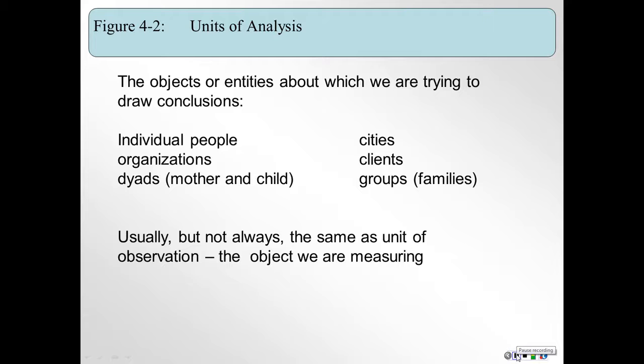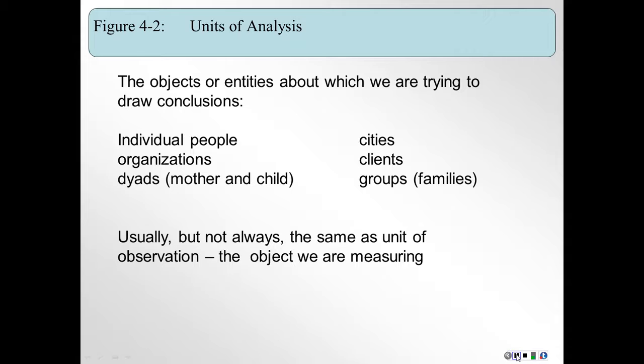Now, we've got a final idea to talk about here in this first lecture, and that is the idea of units of analysis. Units of analysis refers to the objects or entities about which we are trying to draw conclusions. I've listed here a few of the kinds of units of analysis that social scientists and evaluators typically have to deal with.